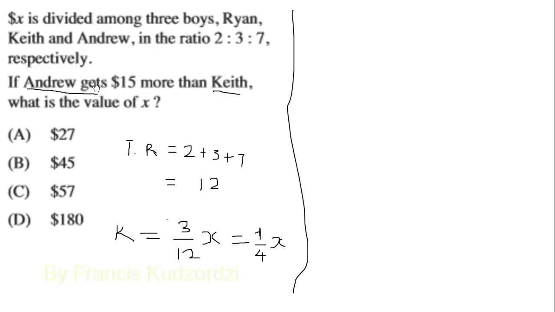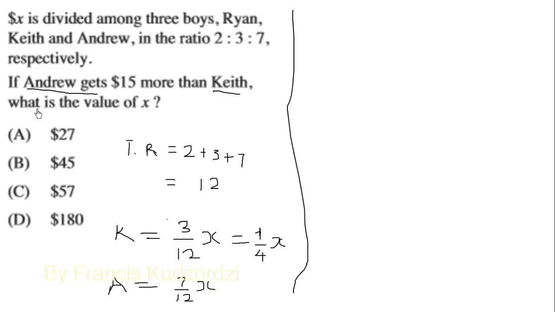Now Andrew's is the last, so its ratio corresponds to 7. So Andrew's share is equal to 7 over total ratio, which is 12, times X, the amount shared.